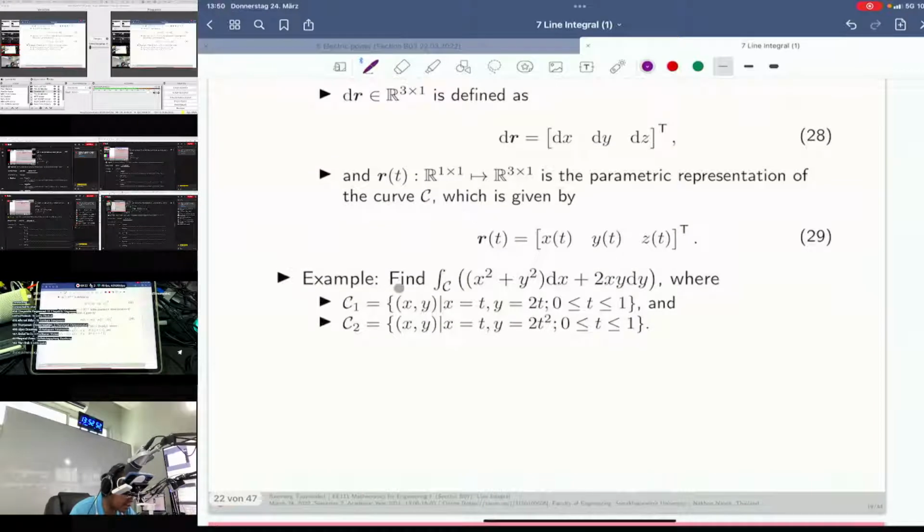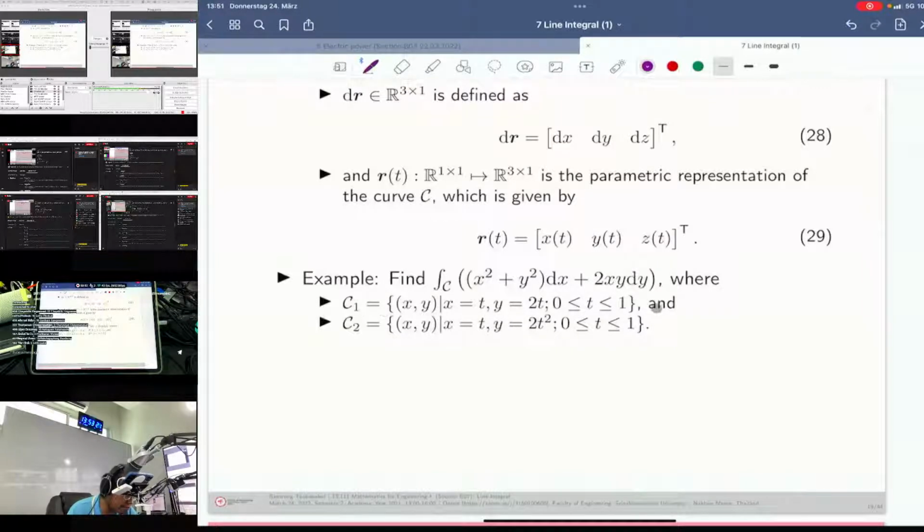Okay, now we arrive at the first example for the vector value integral. That's the line integral or the curve integral actually. The next one. Yeah. We have two curves.